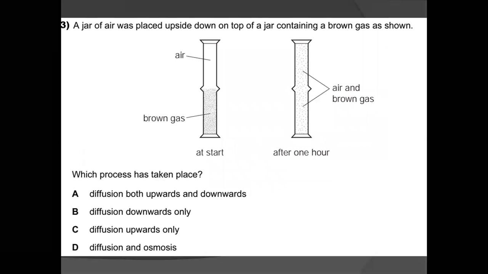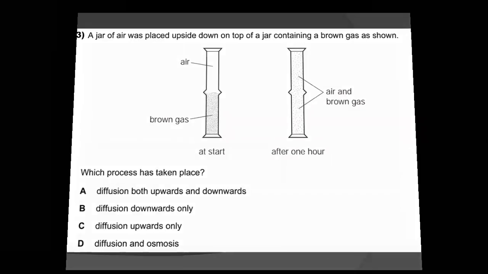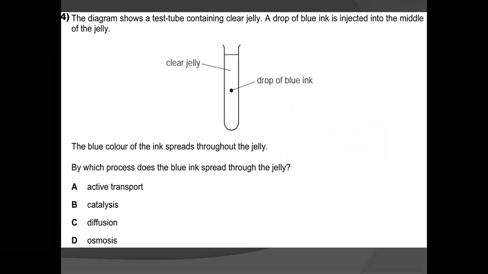Another question: a jar of air was placed upside down on top of a jar containing a brown gas as shown. Which process has taken place? Attempt that question and send me the answer again. Question number 4. By which process does the blue ink spread through the jelly?